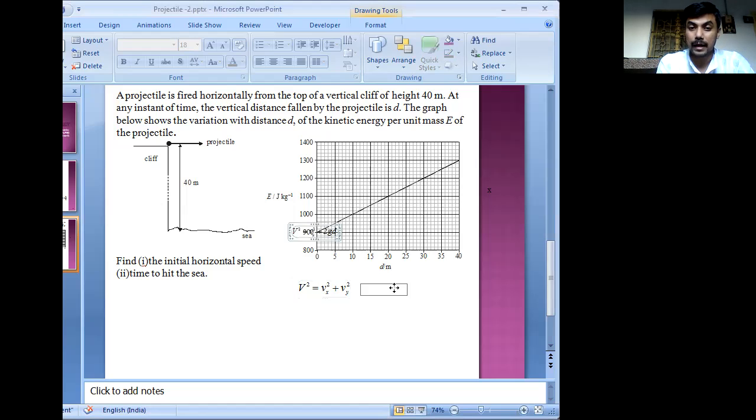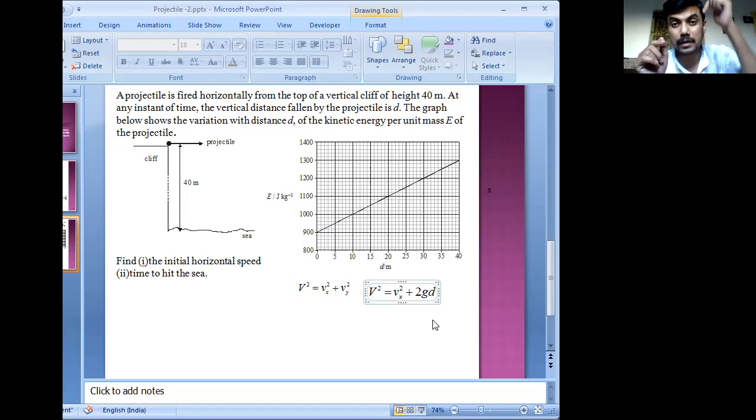Now mind you, over here I'm using that expression for a particular direction. In this case it's the y-axis. So this is one thing you have to keep in mind: when you are using the third equation of motion, you have to use it along a particular axis. So if you refer to the equation over here, the vertical velocity Vy square has been replaced as 2gd, because if I use v square equals u square plus 2as along the y direction, y being the vertical direction, then the initial velocity is 0 along the vertical direction.